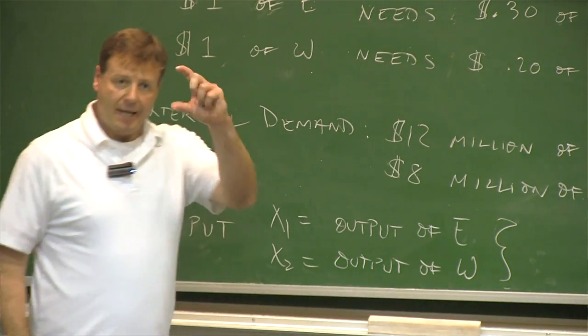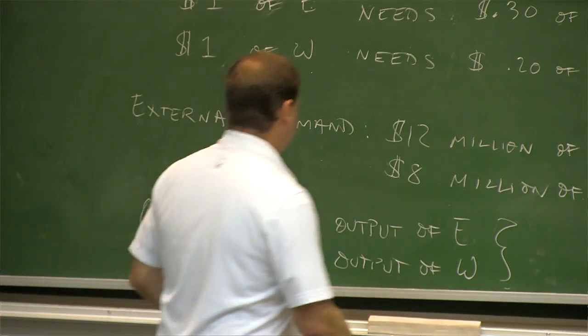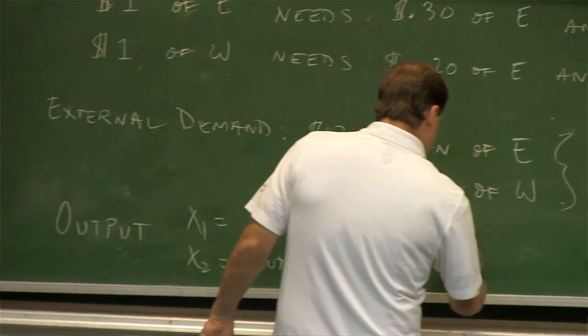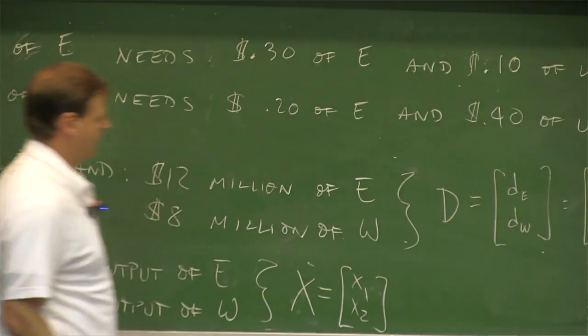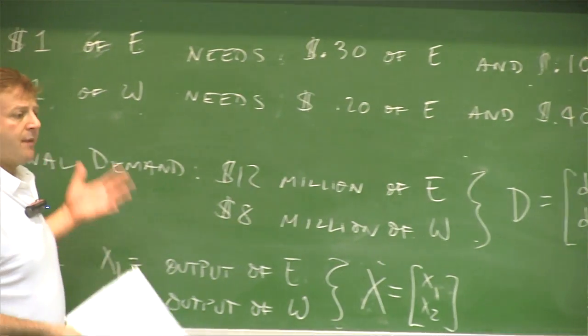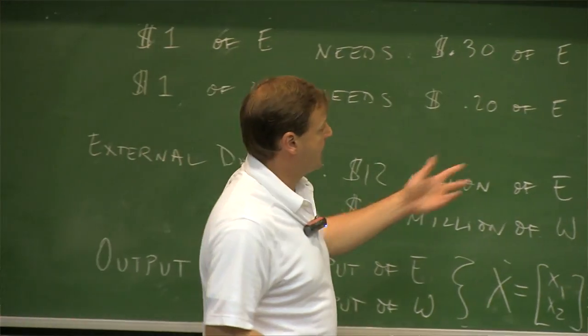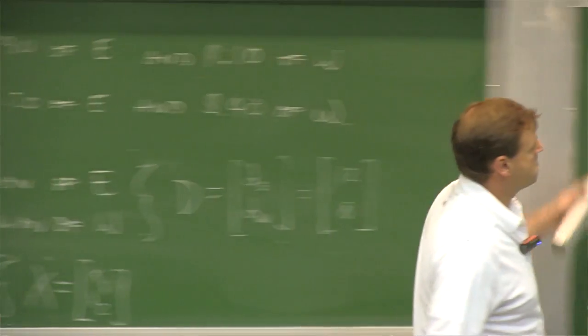I have my x is my output, and then it's a vector consisting of the two things that I'm interested in calculating the output of. So x equals x1, x2. My goal here is to solve for this x. I want to find out what the output should be from the plants in order to satisfy the internal and the external demand. That's the goal.